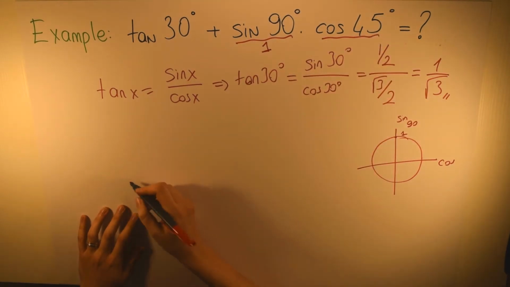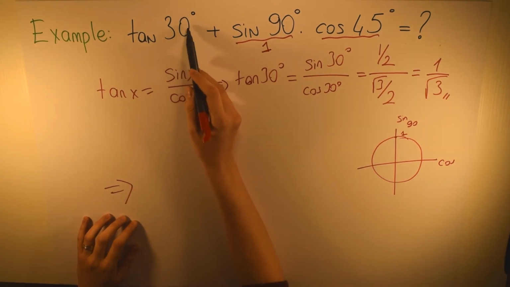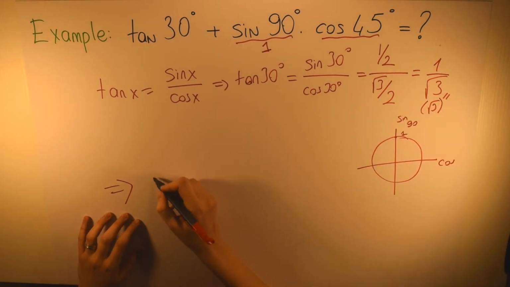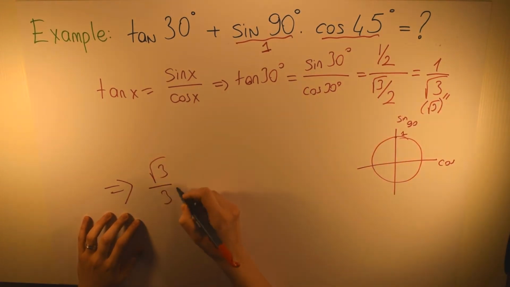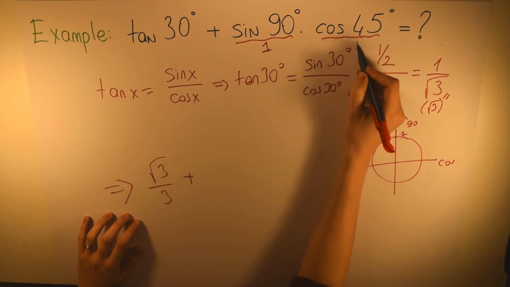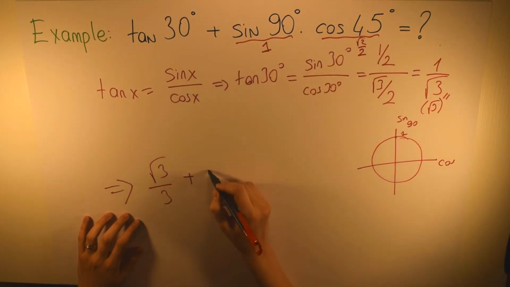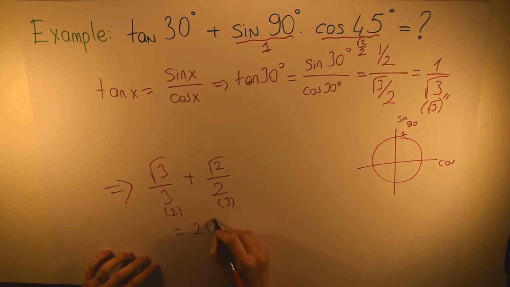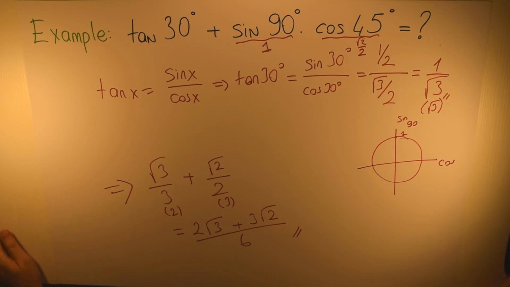For tangent 30 degrees, when I multiply by square root of 3, I get square root of 3 over 3, plus square root of 2 over 2 times 1, which is square root of 2 over 2. When I multiply this by 2 and this by 3, we get 2 square root of 3 plus 3 square root of 2, over 6. This is the answer for our example.